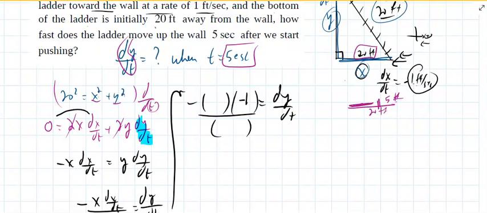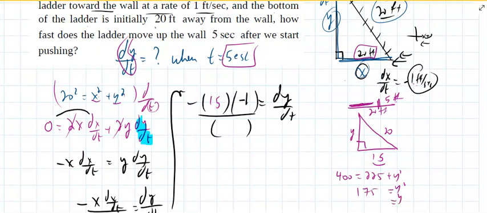That means the distance x now is 15. If this is 15, and this is fixed to be 20, can't I figure out y? Can't I say 20 squared, which is 400, equals 15 squared, which is 225, I believe, plus y squared. So y squared is 175, and y would be the square root of 175.